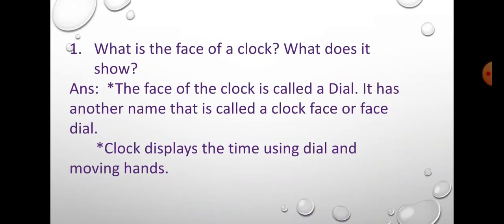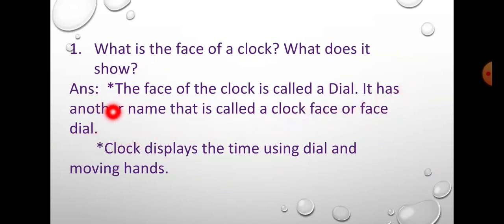The first question is, what is the face of a clock? What does it show? The face of the clock is called the dial. It has another name, the clock face or face dial.